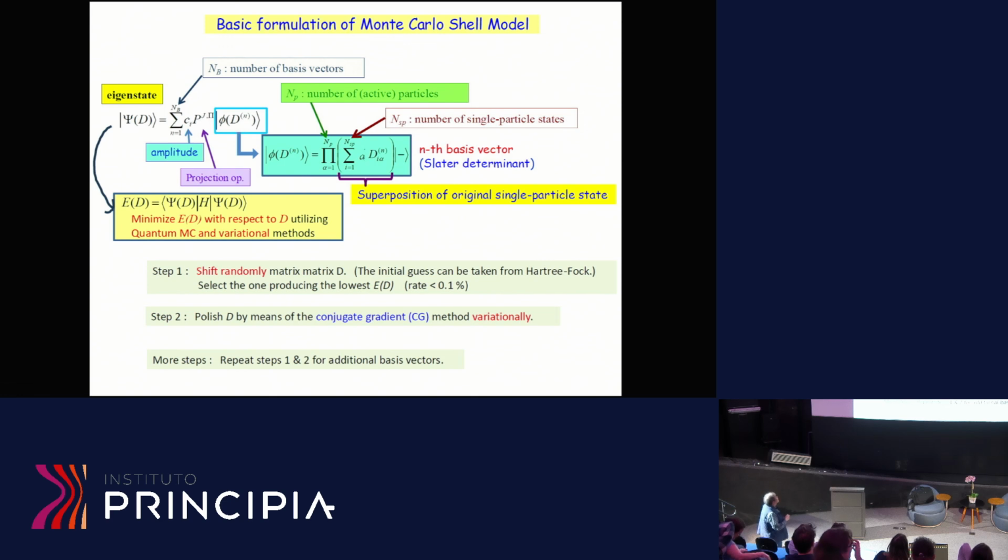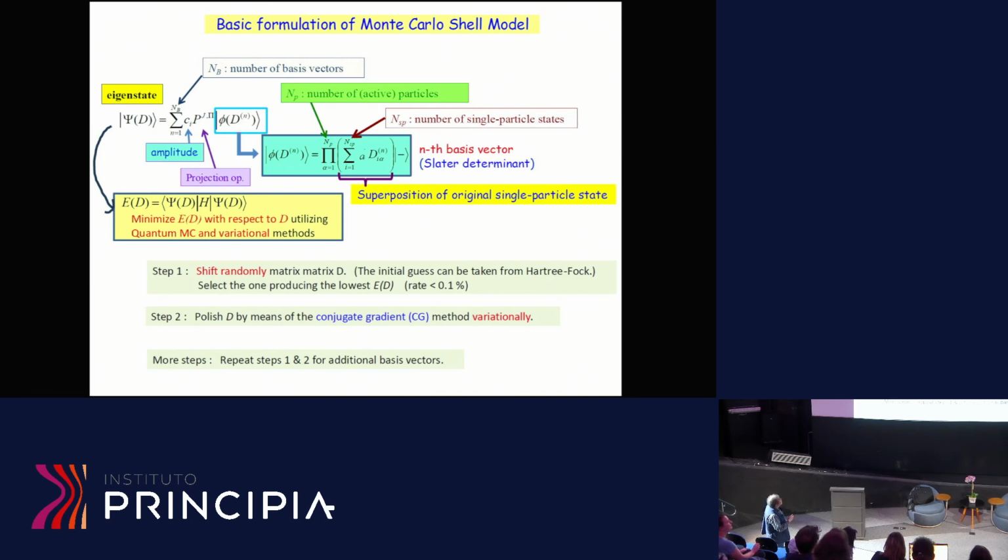This view graph shows how our eigenstate is expressed. This is our eigenstate that is expanded by this basis vector. And this basis vector is nothing but a Slater determinant, but each single particle state is not a simple one. Each single particle state is already a superposition of original single particle states.